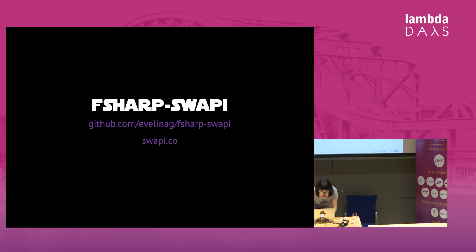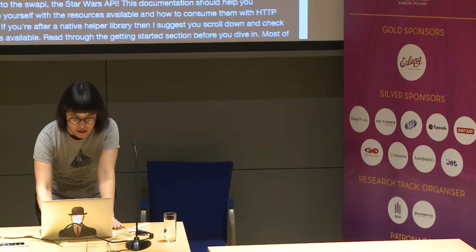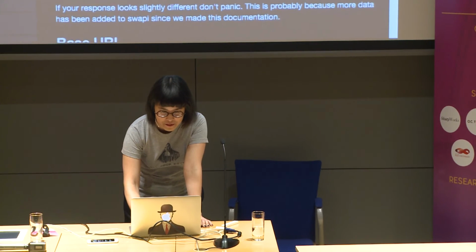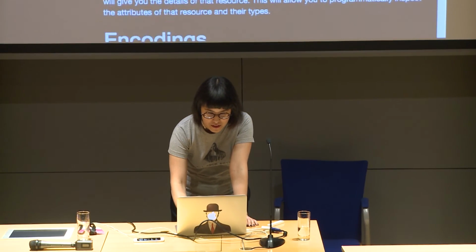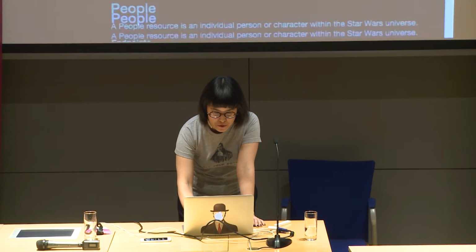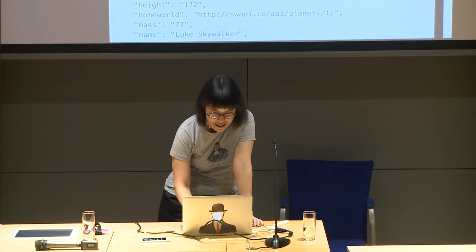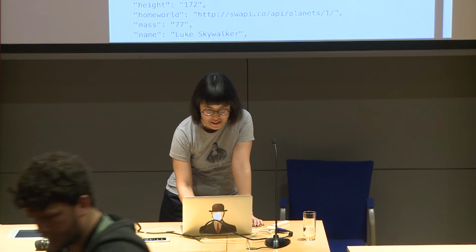Well, let's first go to the SWAPI website. And they have a very nice documentation with everything. So, for example, if we want to look at people, this is the site for people, and they have an example request here.